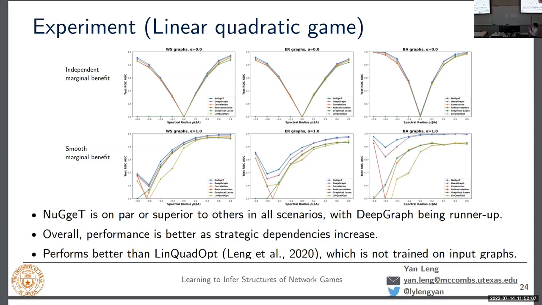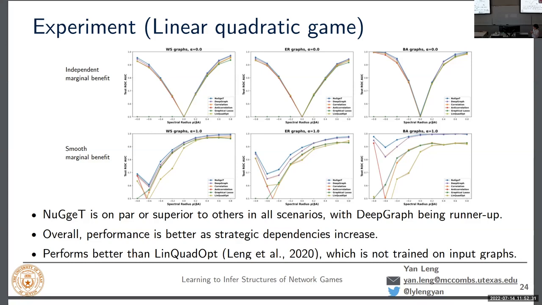From left to right, we see Watts-Strogatz, Erdős-Rényi, and Barabási-Albert. Sorry, that is very small. The x-axis is the spectral radius. We test the spectral radius from minus 0.8 to 0.8, so the middle point is 0, meaning that there's no strategic dependency.